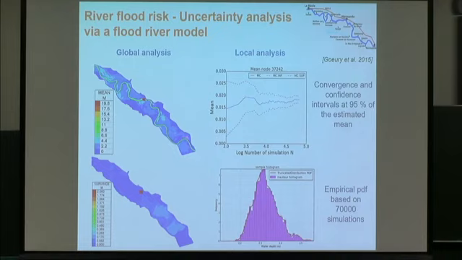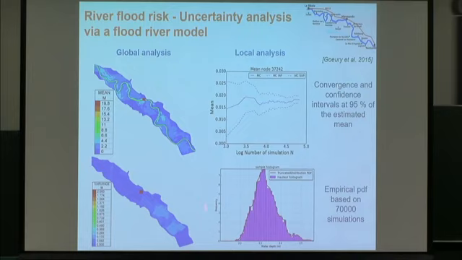What is important to say is that we have a mean map and a standard deviation map in order to control the uncertainty at each spatial location. And this is the probability density function in Marmande.